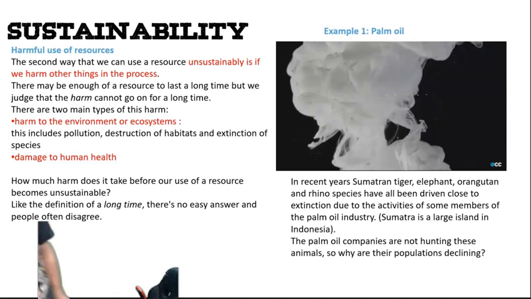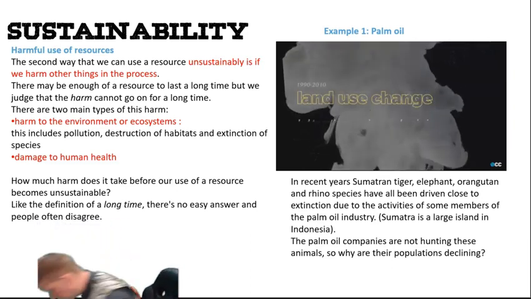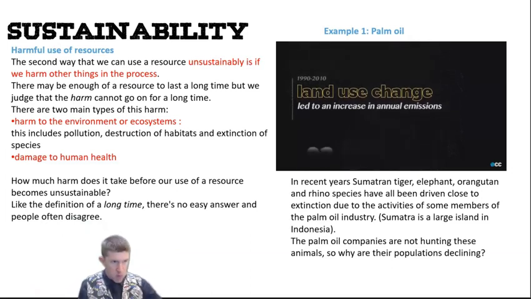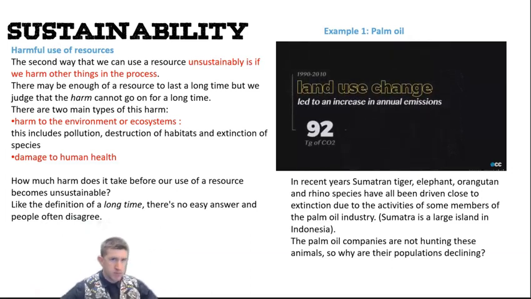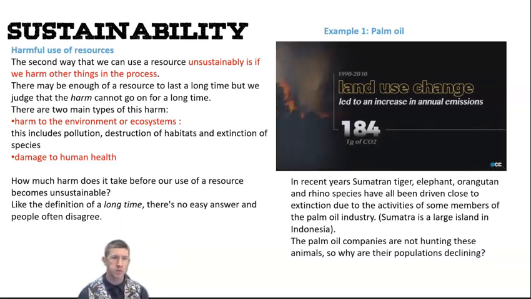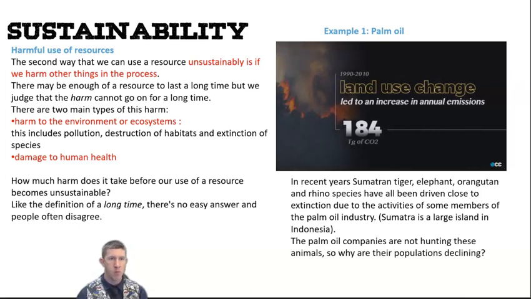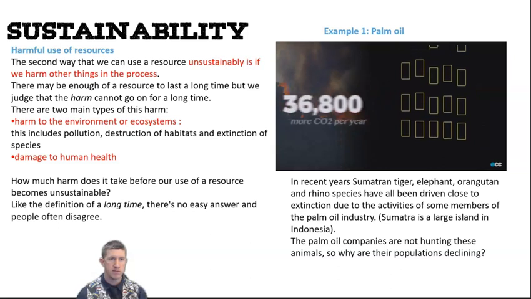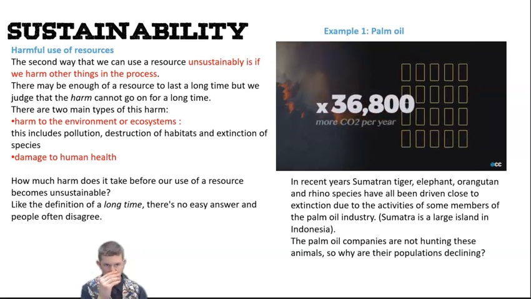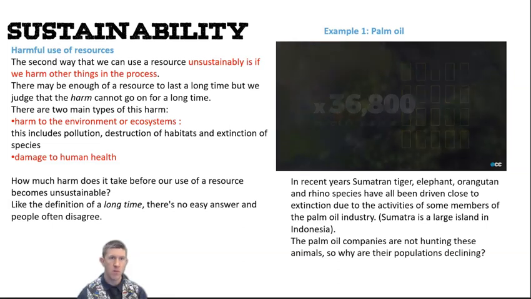Another peer-reviewed study on oil palm deforestation found that between 1990 and 2010, net carbon dioxide emissions from land use change due to oil palm plantations increased from 92 to 184 teragrams of carbon dioxide per year in Indonesia, Malaysia, and Papua New Guinea. That's an increase of the equivalent of roughly 36,000 Olympic-sized swimming pools of carbon dioxide more per year.